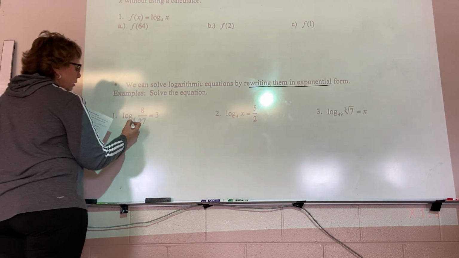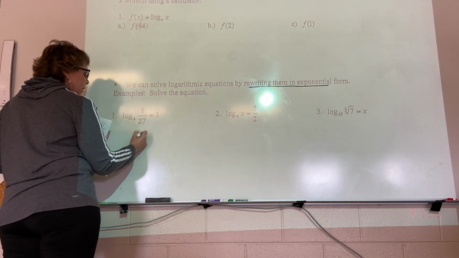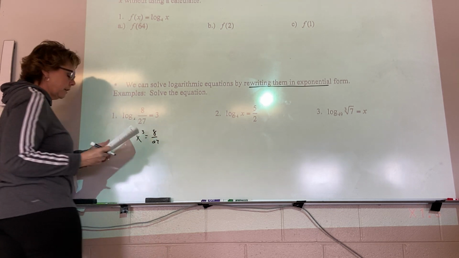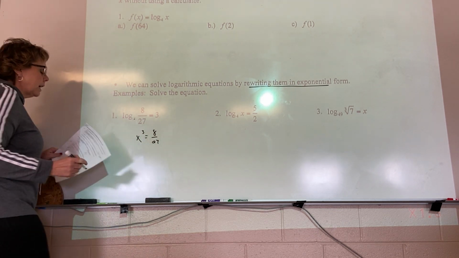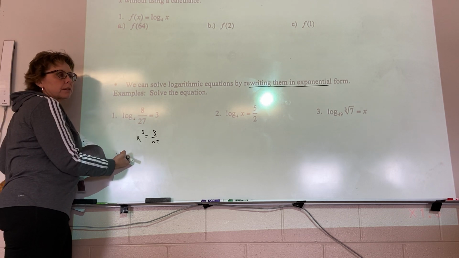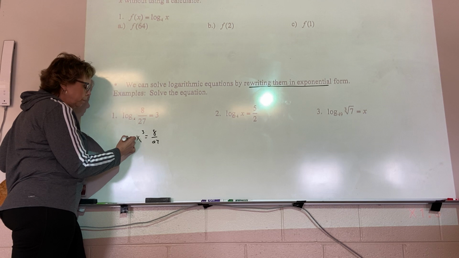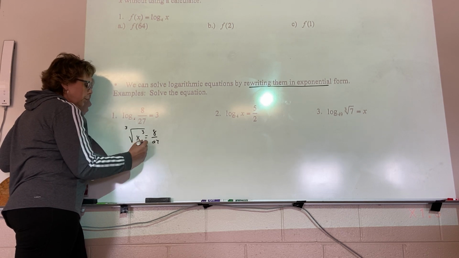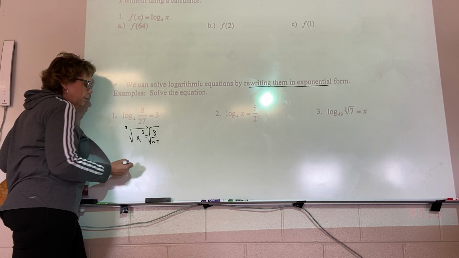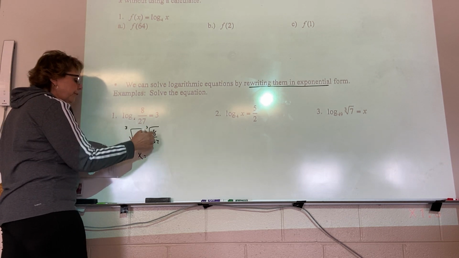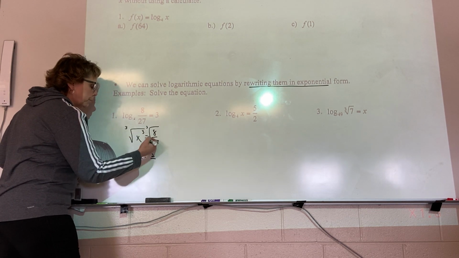So remember, go counterclockwise. X to the third equals 8 over 27. All right. Now, I need to just solve for x. Well, he's cubed. How do you get rid of a cube? You cube root. And what you do to one side, you got to do the other. So x is equal to, and you just take the cube root of 8, the cube root of 27.